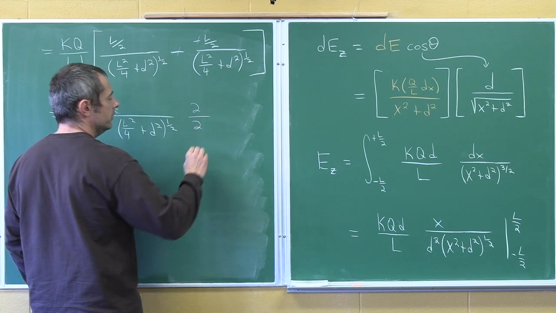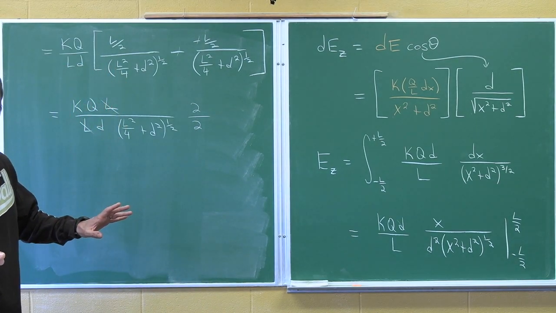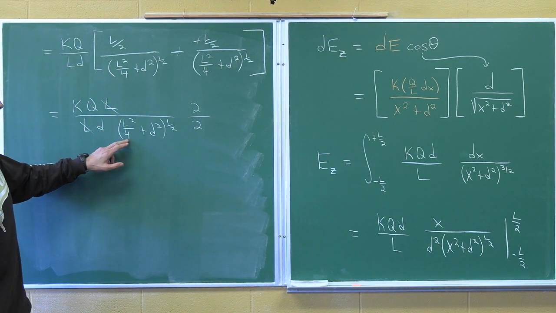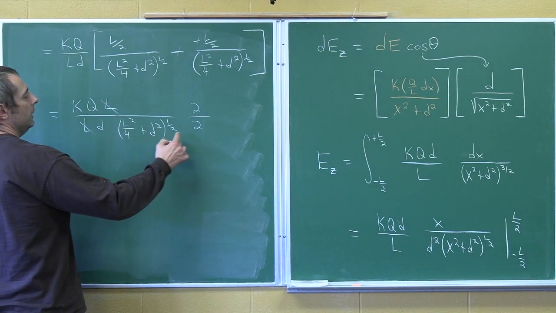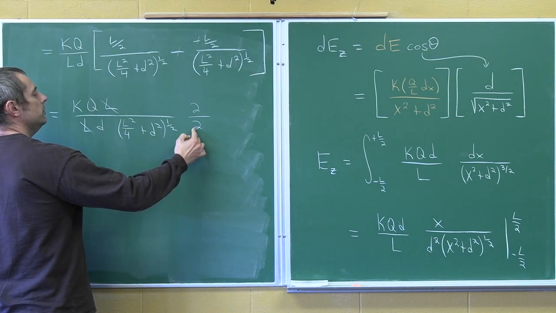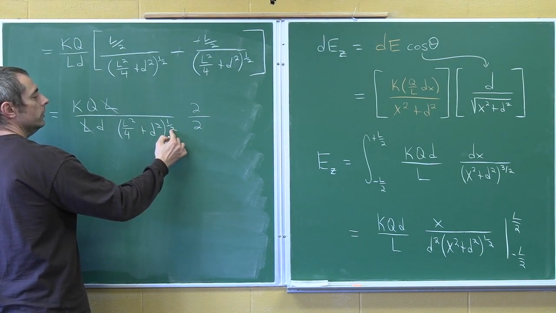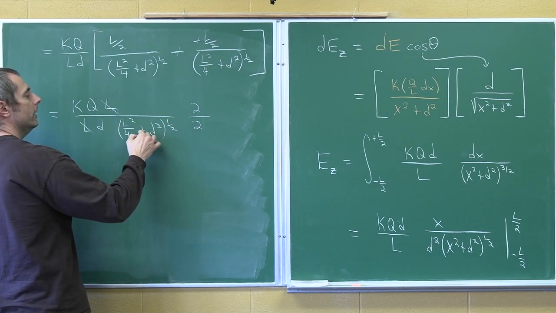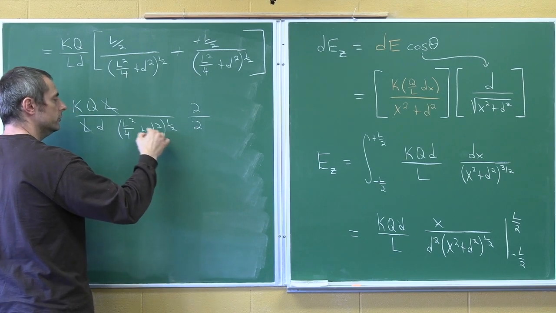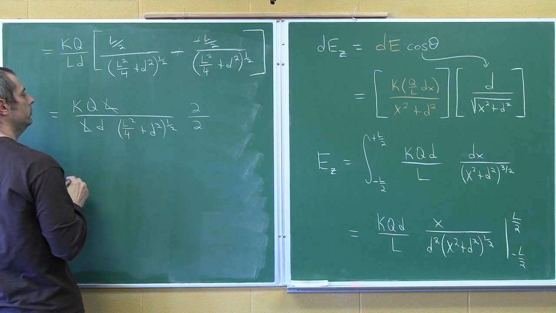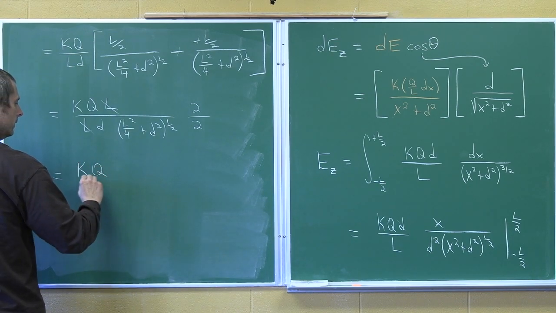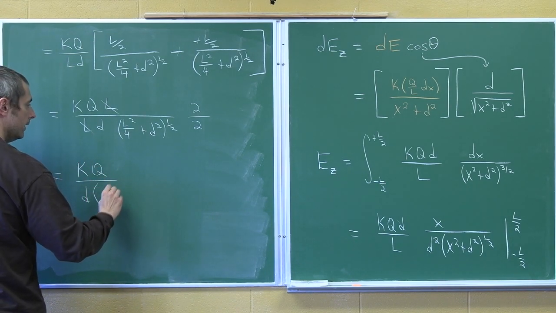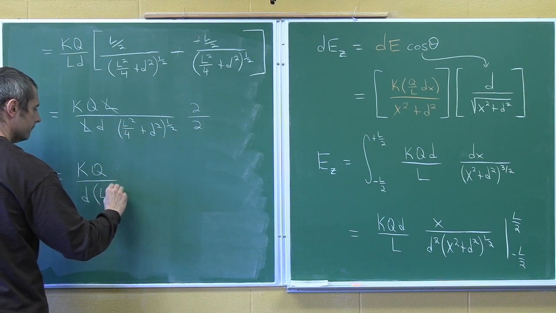Again, you don't have to do this and you'll be 100% correct. But for some reason, sometimes people don't like this fraction within a fraction, within a denominator. So what you do now is when you distribute this 2 into the square root, you have to square it to bring it into a square root, right? So if you put 4 into a square root, that's like 2, right? So we square it and we distribute 4 to these two terms, giving us K, Q, d, the 4 goes away.